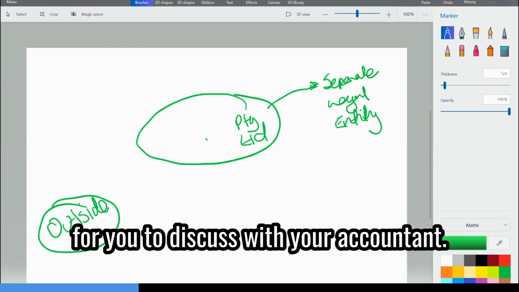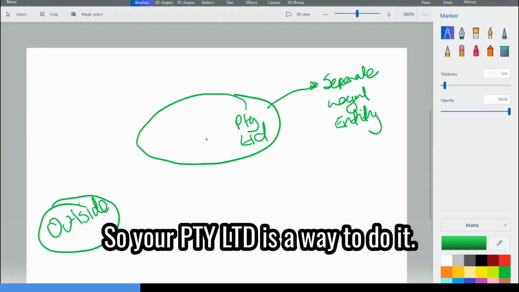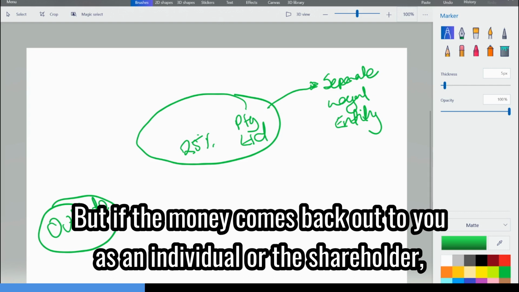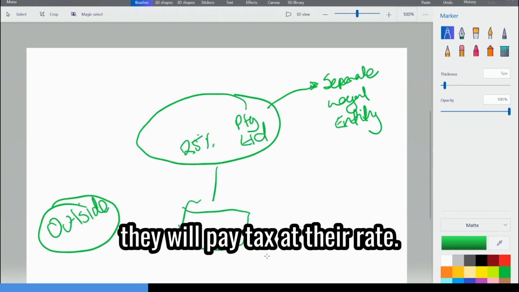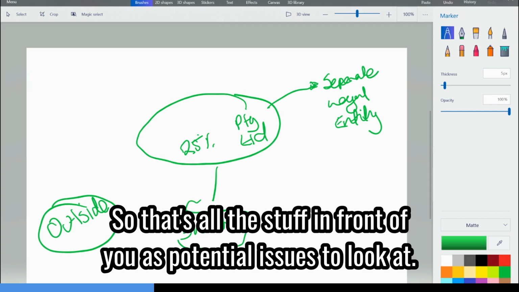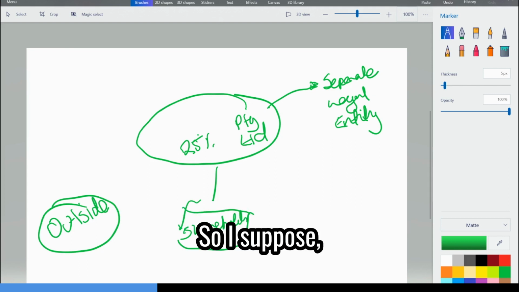That's for you to discuss with your accountant. So a PTY Ltd is a way to do it. The company tax rate at the moment is 25%, but if the money comes back out to you as an individual or the shareholder, they will pay tax at their rate. So those are potential issues to look at.